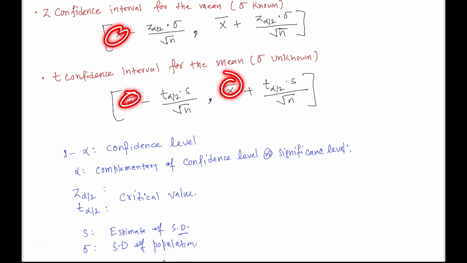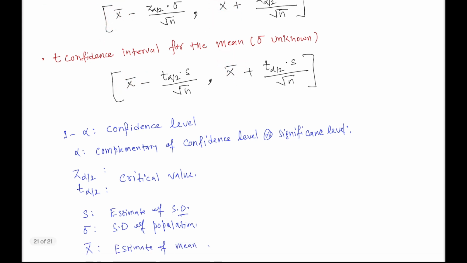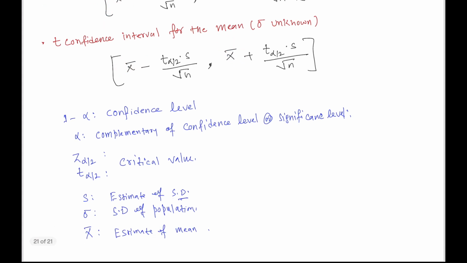And these are the estimation of the population mean. What are these? These are the sample mean, that is the estimate of the population mean. Let me write here: estimate of the population mean. Estimate of the standard deviation of the population.